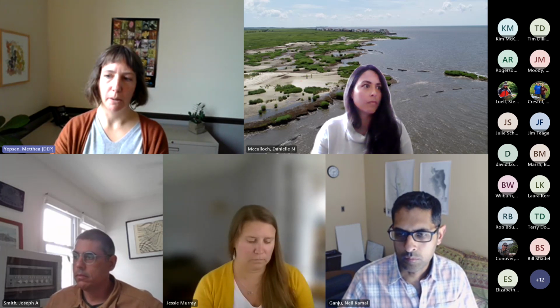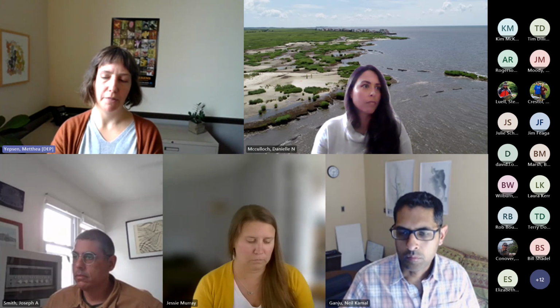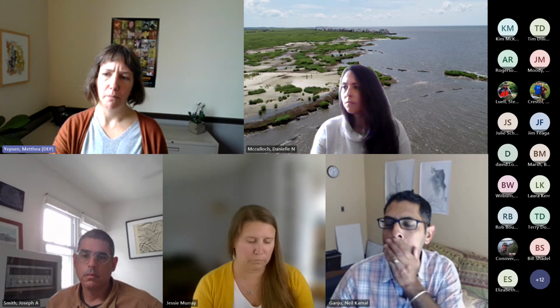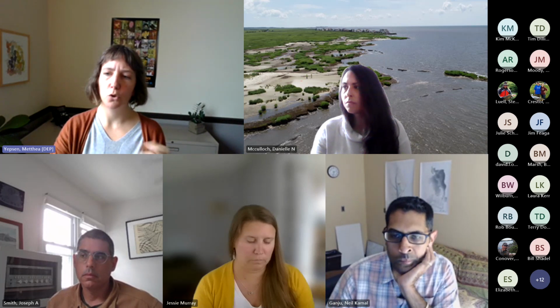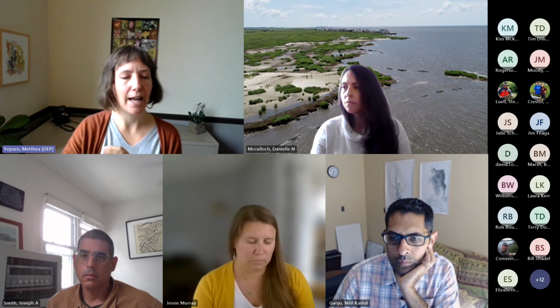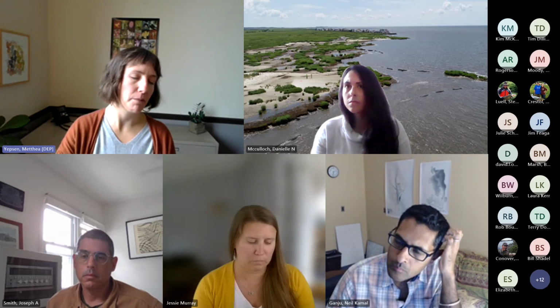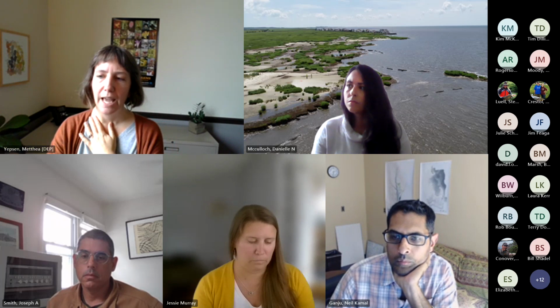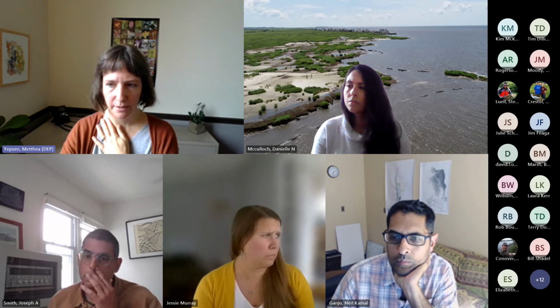And they use very different assumptions. The SLAM modeling, I think, uses that 4 millimeters per year elevation gain as a standard. And the Duke modeling instead uses, I think it's the Sparrow model, looking at the amount of sediment that might actually be available in the area. And the results are really different.